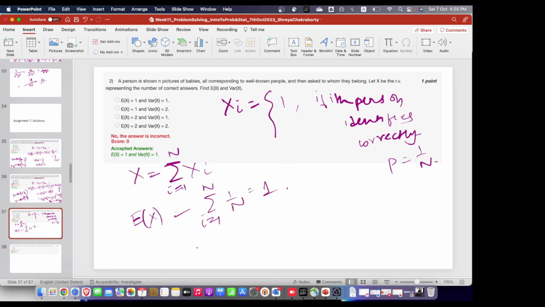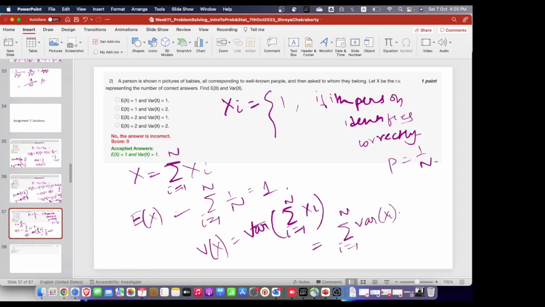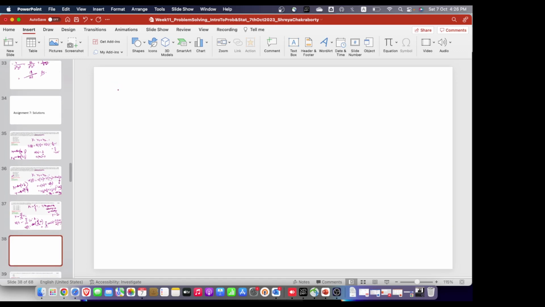No doubt about it. Now variance of X would be variance of summation i equals 1 to n of Xi, which is summation i equals 1 to n of variance of Xi plus double summation i not equal to j of covariance Xi Xj. Now here the probability is going to change.